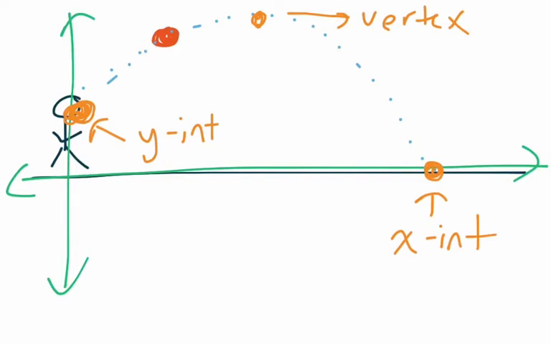So without further ado, there are 8 task cards that you're going to have to draw a picture to model it and then label the y-intercept, the vertex, and the x-intercepts. And possibly just identify what each question is asking you for.